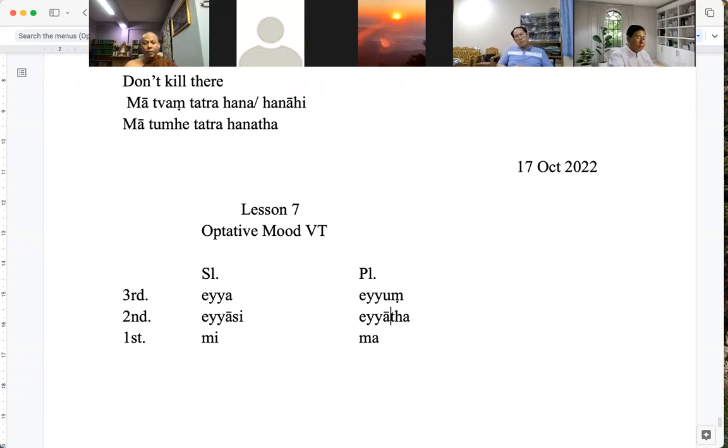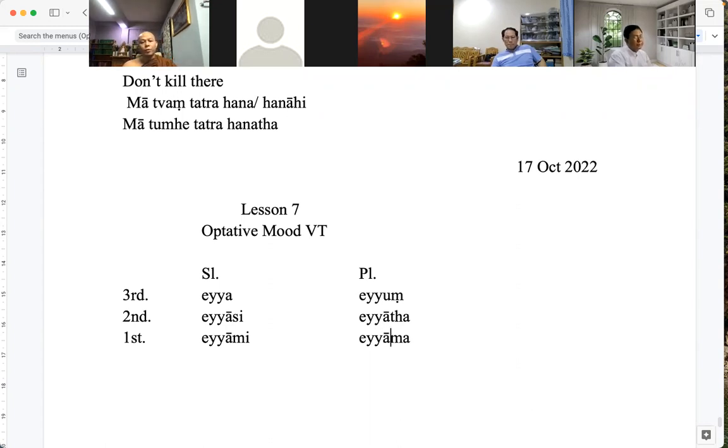We already learned the present tense, right? If we remember present verb termination, we can remember optative and the imperative and the future also. They are partly related. And here also iya.